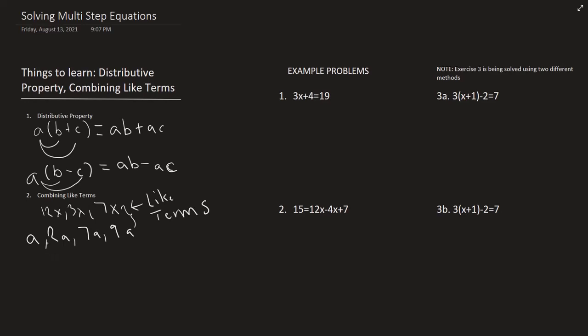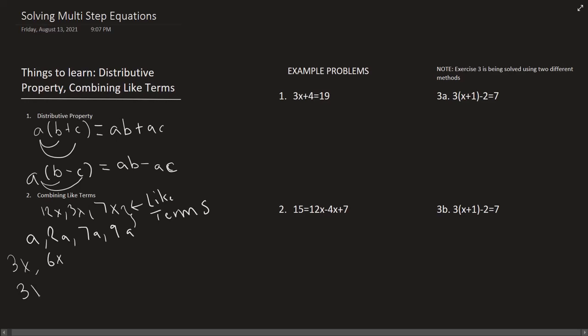Anyways, how we can combine like terms is that we can add or subtract them. We add or subtract the coefficients and then attach the variable that was attached to the coefficients in the like terms. So if we have, for example, 3x and 6x, we can add them or subtract them.